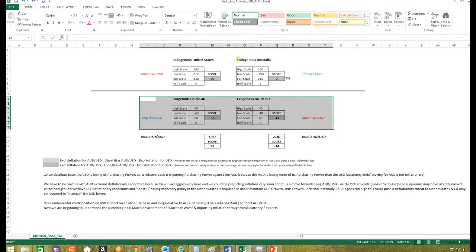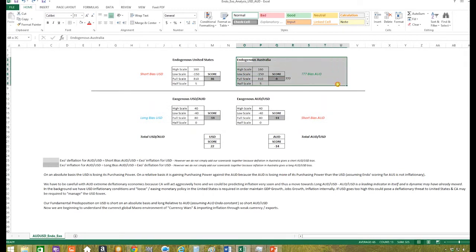And that's assuming our endogenous analysis is not inflationary, because if this number was positive or more positive than our exogenous analysis, we would end up with a positive number here.